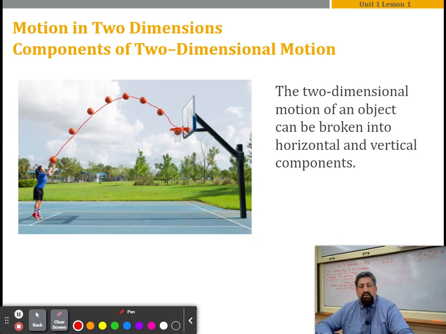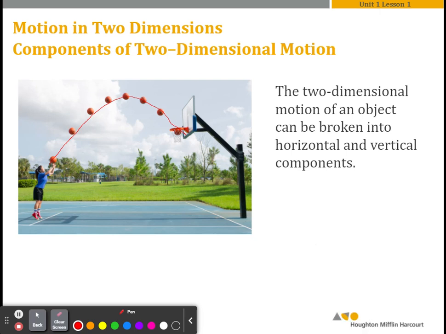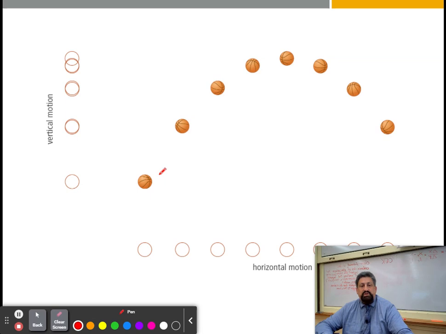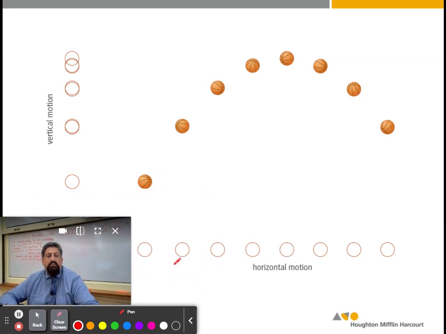However, even though the ball is never moving perfectly horizontally or perfectly vertically, we tend to look at the horizontal and vertical motion of that ball. If we look at the horizontal motion, we can see that the ball is moving horizontally at a constant velocity, a constant rate.